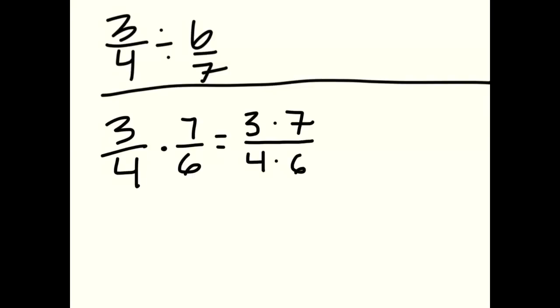Let me see if you can divide out. So you do 3, 1, this is 2. So now we can do it. 1 times 7 is 7. 4 times 2 is 8. So you get 7/8.